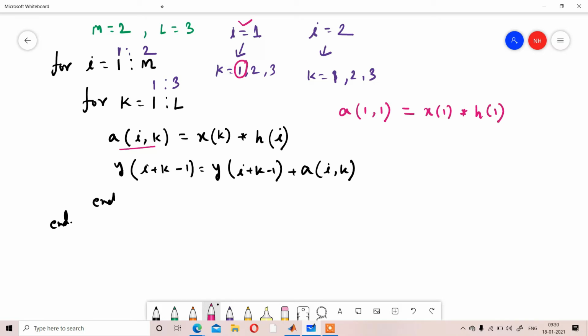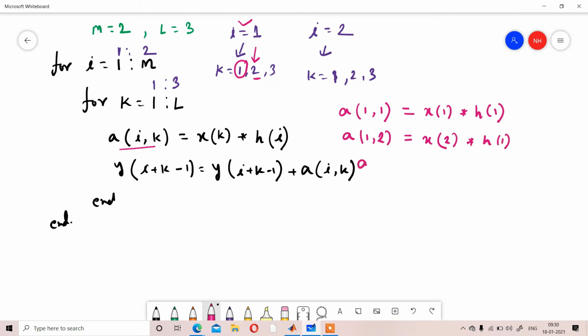Similarly, for I equal to 1, k equal to 2 will be a 1 2, and the value of a 1 2 will be xk. K value now we are considering 2, so x2 into h I, I equal to 1, so h 1.